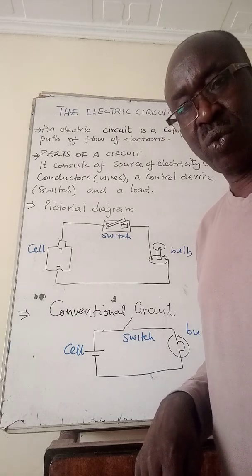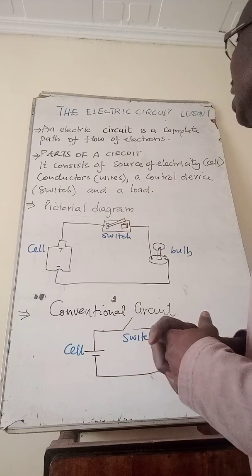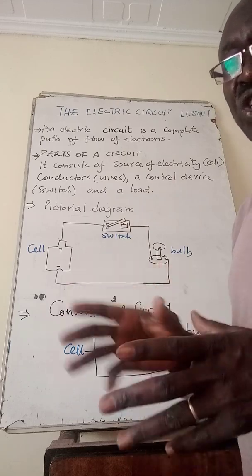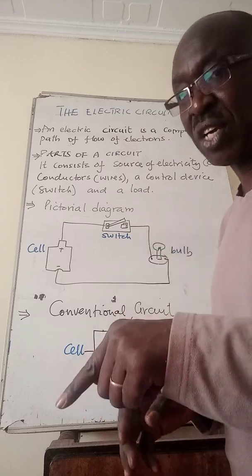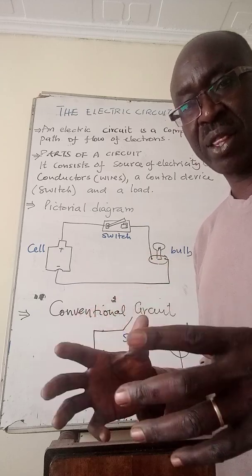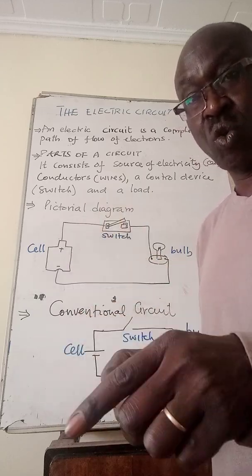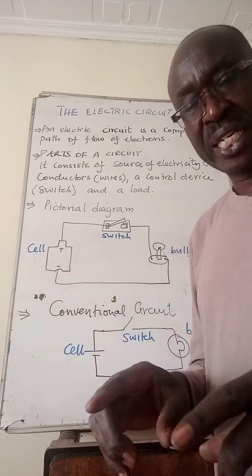Remember we said, what is a simple circuit? A simple circuit is an electric circuit which is a complete path for the electrons to flow. So there must be a path for electrons to flow. That path must be complete.